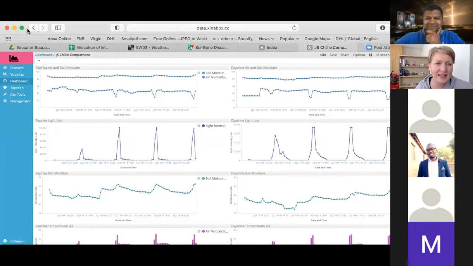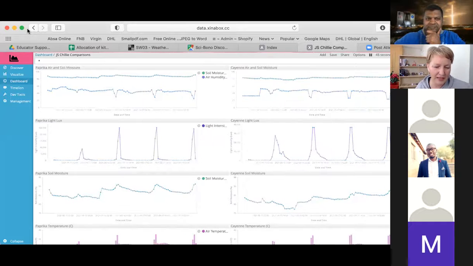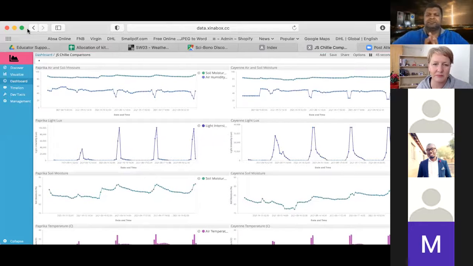But there is definitely a method, because the molecule that gives that taste can be determined if we were to send it to a laboratory and they were able to single it out. The concentration of that is measured on something referred to as the Scoville scale, because it was a scientist by the name of Scoville who identified that particular molecule.